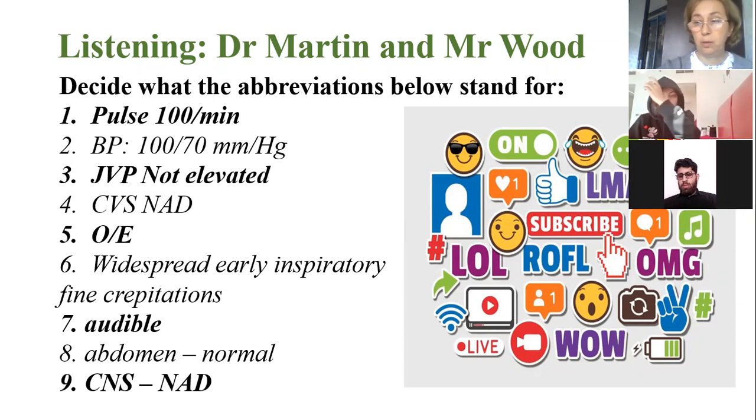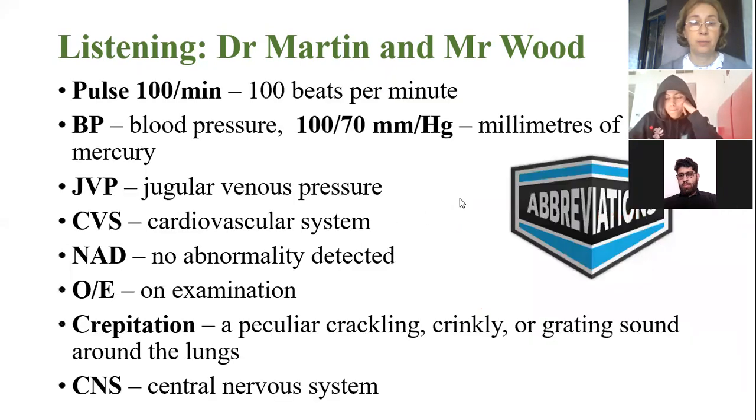So we'll deal with more abbreviations later. But for today, this is the meaning of these abbreviations on this slide. And I would like you to pay attention to crepitation. Crepitation is a peculiar cracking, crinkly, or grating sound around the lungs.